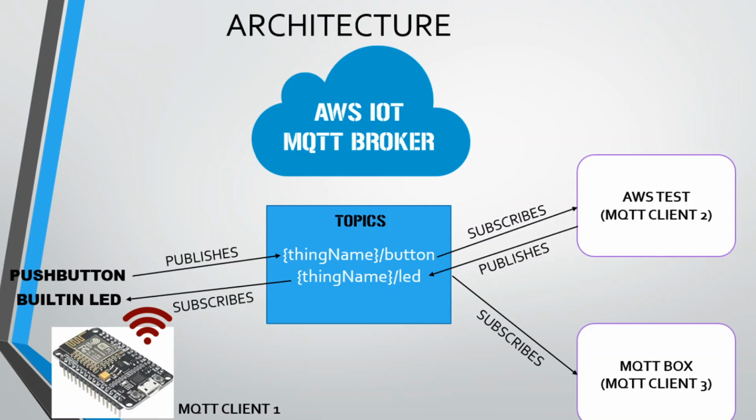that the other clients don't need to refresh for data. What I am explaining is that in AWS, or in any MQTT broker service, the broker is basically the server. And we have various clients.